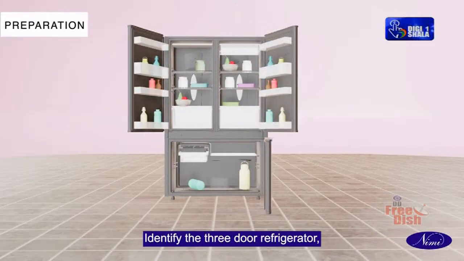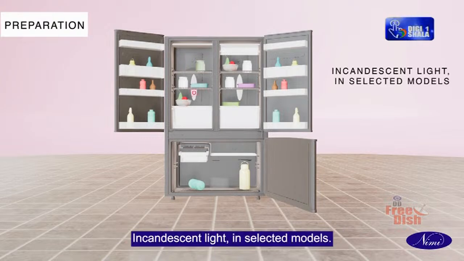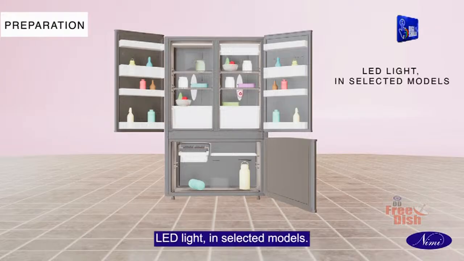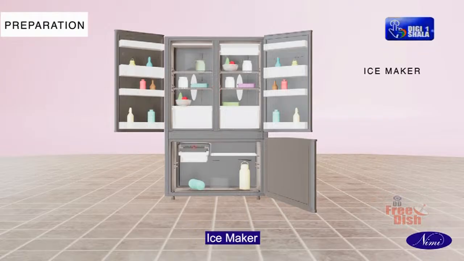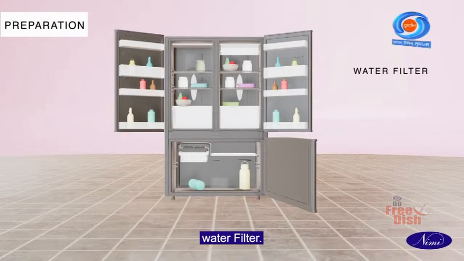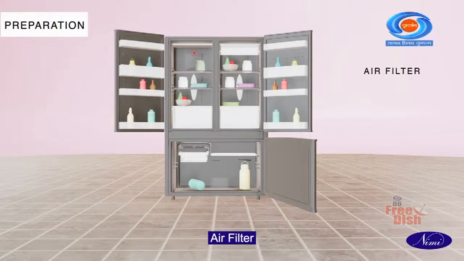Identify the 3-door refrigerator, inspect its construction, and label the parts. Incandescent light in selected models. LED light in selected models. Flipper guide. Ice maker. Ice bin. Water filter. Dairy compartment. Air filter.